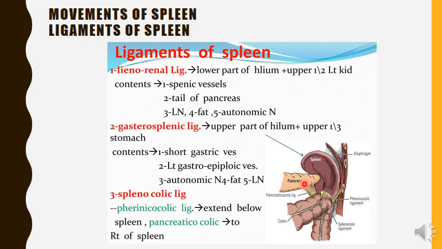Then there will be the pancreaticocolic ligament. These are all the supportive ligaments. So pancreas to the colon, and that is pancreaticocolic. Another one will be between the diaphragm and the colon. This is the diaphragm here. So this will be the phrenicocolic ligament. So these are the ligaments of the spleen.